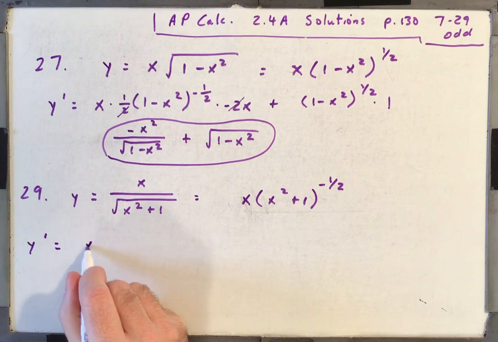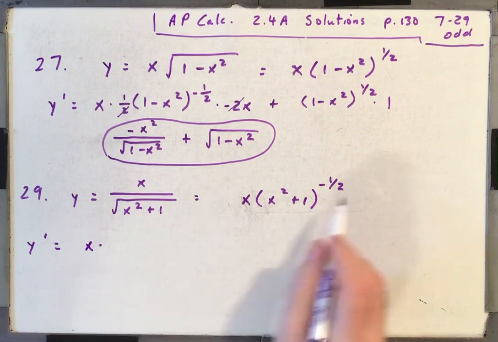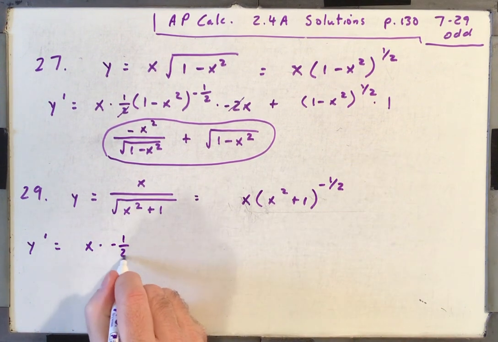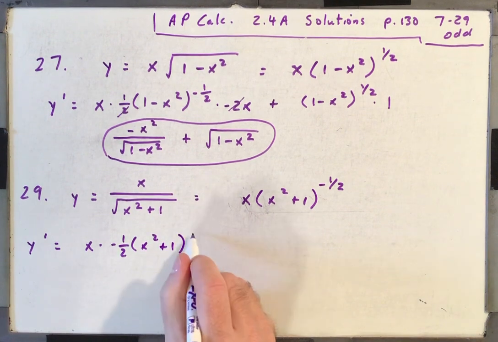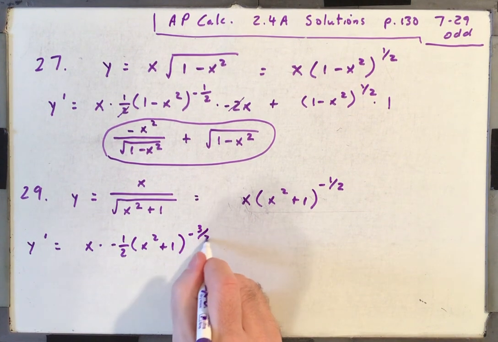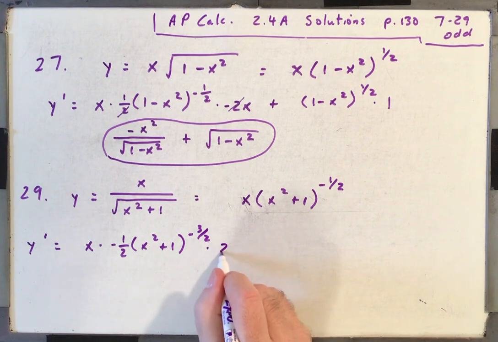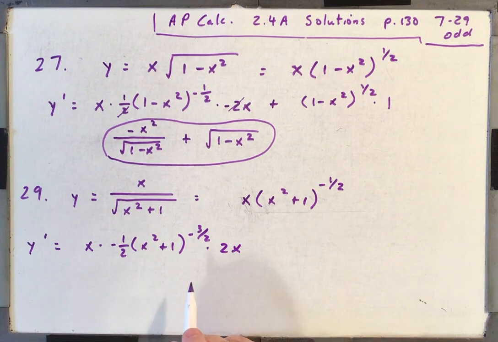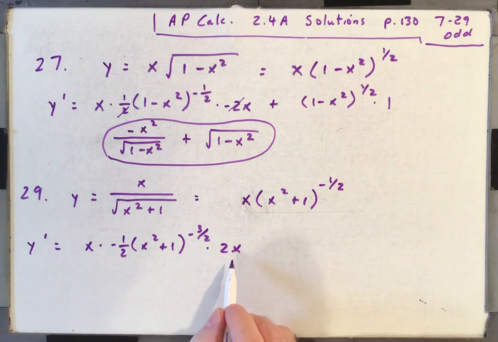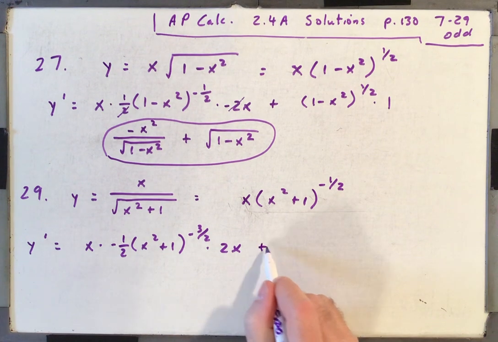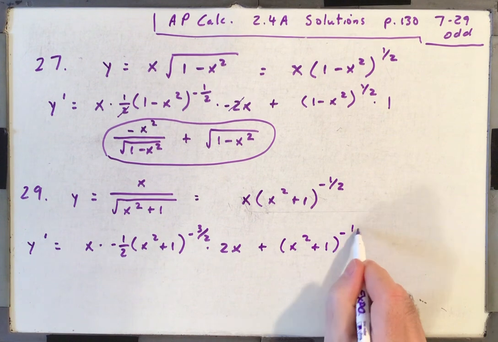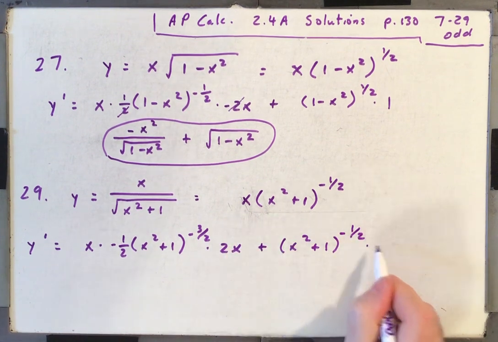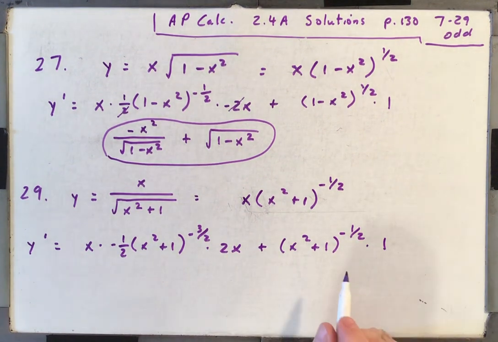So I've got the first, x, times the derivative of the second, negative 1/2, times x squared plus 1 to the negative 3/2 times 2x. So first times the derivative of the second, plus the second, x squared plus 1 to the negative 1/2, times the derivative of the first, which is just 1.